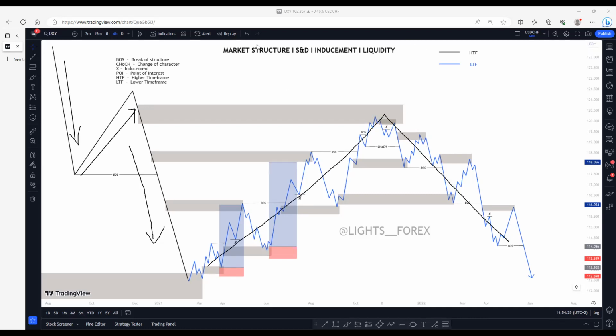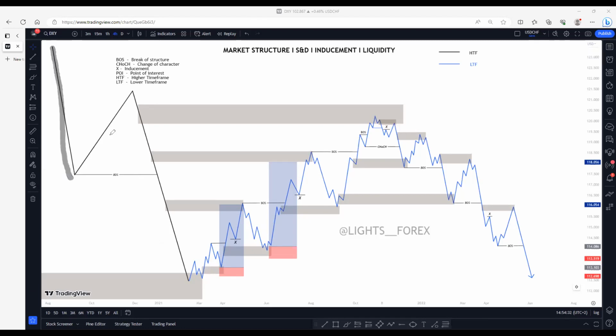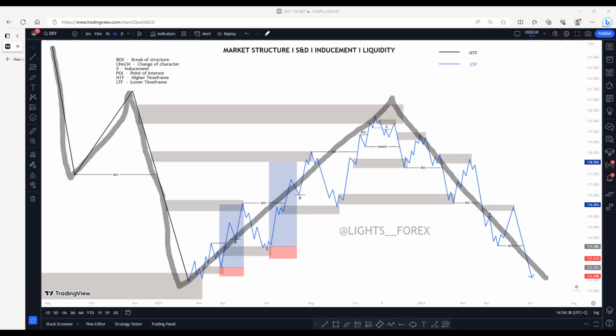I don't want to go through the same thing again. This is how it is on a higher time frame. That's why you have to go through the lower time frame and look for all these here, because that's where your entries are. Remember, I keep on saying, you are not an analyst, you're a trader.